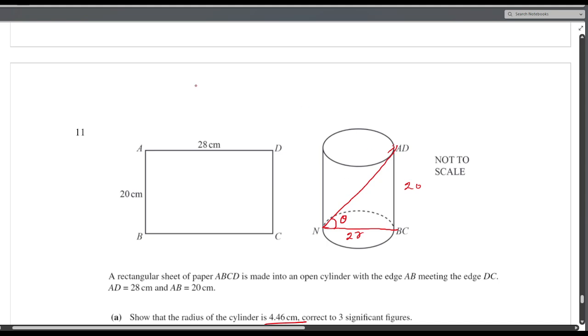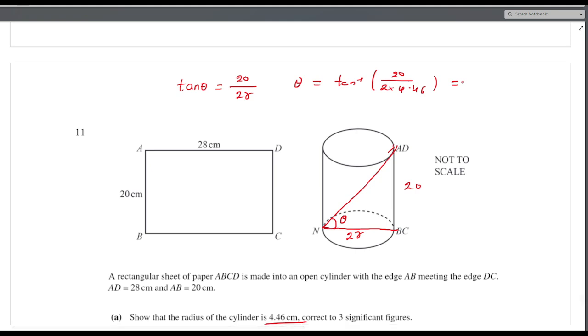So you can say that tan of theta will be equal to 20 divided by 2r, and therefore theta is equal to tan inverse of 20 divided by 2 into 4.46.